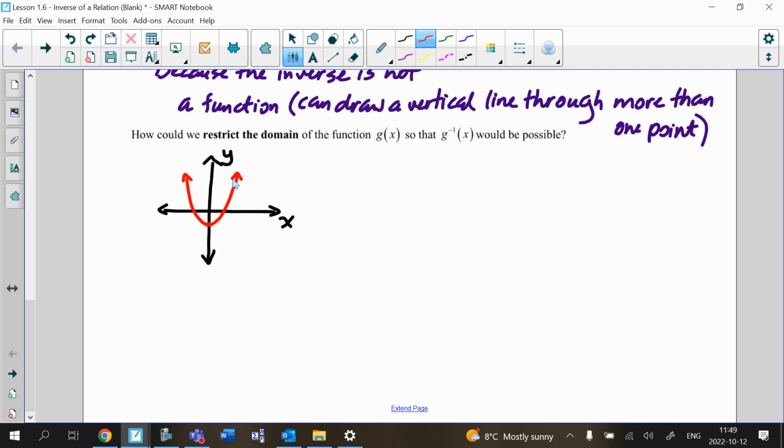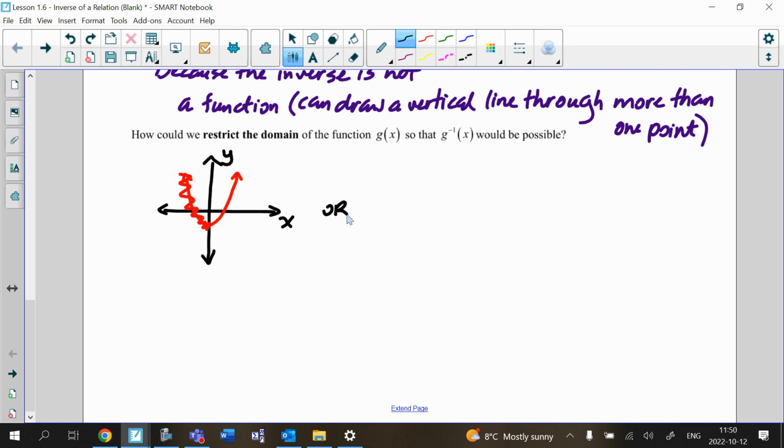Right now, this is not a function, but if I remove this and just kept the right side of the parabola, its inverse would be a function. Or I could cut out this side.